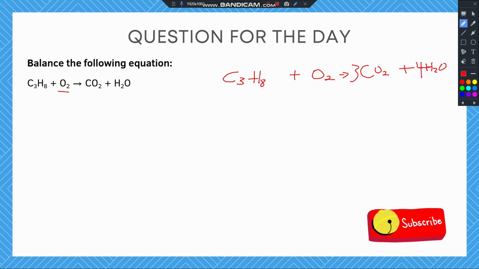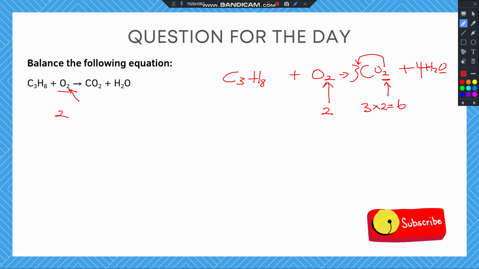On the left hand side, we have just 2 atoms of oxygen denoted by this number 2 over here. On the right hand side, let's count how many atoms of oxygen we have now. Over here, you can see oxygen has a subscript of 2, which is affected by this coefficient of 3. So we have 3 multiplied by 2, which gives us 6.